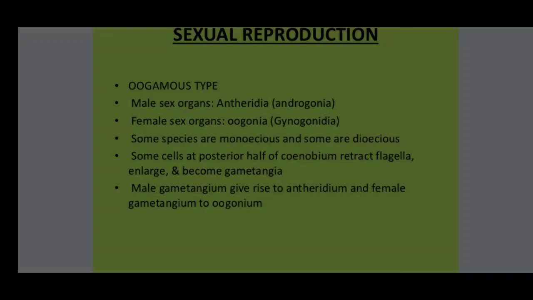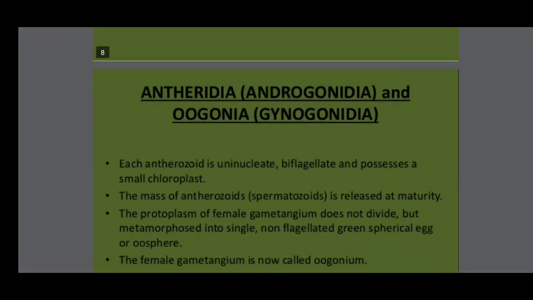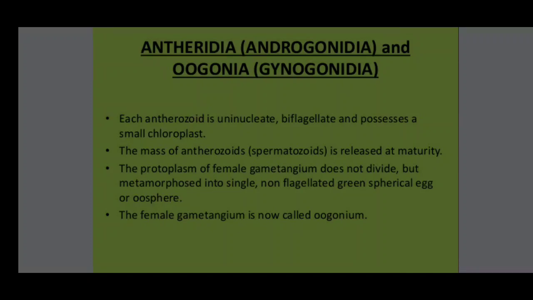The male gametangium gives rise to the antheridium and the female gametangium to the oogonium. Here are 2 words: the male gametangium, also called antheridium, and the female gametangium, also called oogonium. So now we are going to antheridia, androgonidia and oogonia.